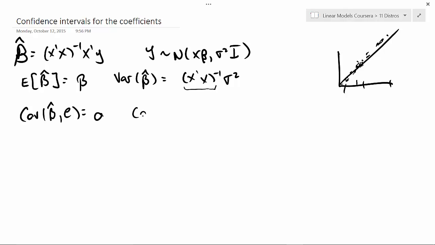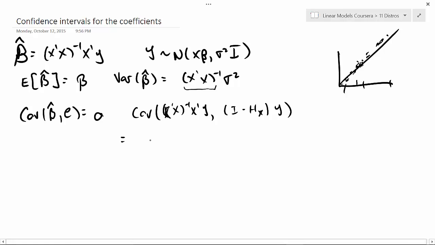And I can say this because the covariance of beta hat and E is the covariance of X transpose X inverse X transpose Y, and the covariance of E is I minus H of X and Y. Okay, so that's equal to X transpose X inverse X transpose times the covariance of Y with itself, and I minus H of X when I pull it out on the other side.